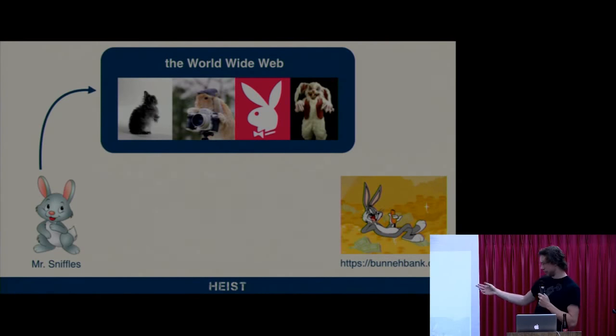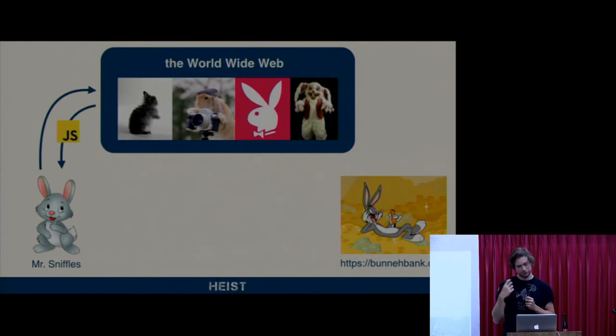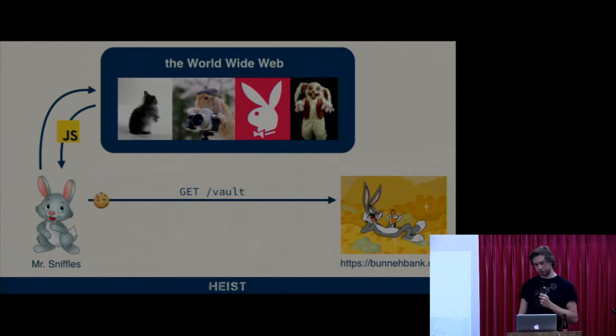And all these websites, they can do things with the browser of Mr. Sniffles by, for instance, returning some JavaScript code. And well, this JavaScript code can do quite some things, but for the purpose of this attack that I will be presenting later, the thing to keep in mind is that it can also trigger requests to any other website, including bunnybang.com.